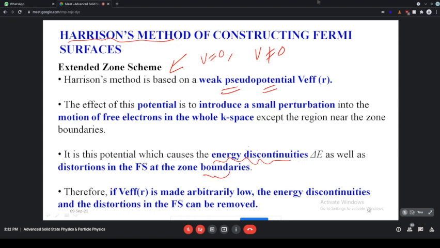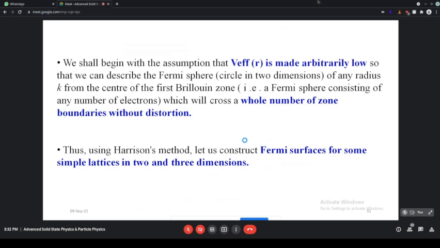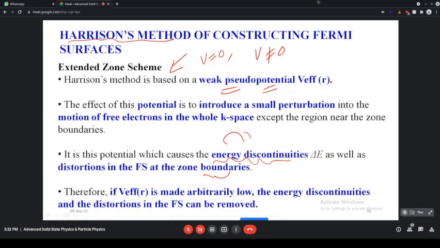I will show later on that there will be energy discontinuity at the zone boundary. And generally whenever we use the Harrison method, we assume that V is equal to 0, or V is nearly equal to 0. If V is not equal to 0, even in that case we consider this to be a very small value.